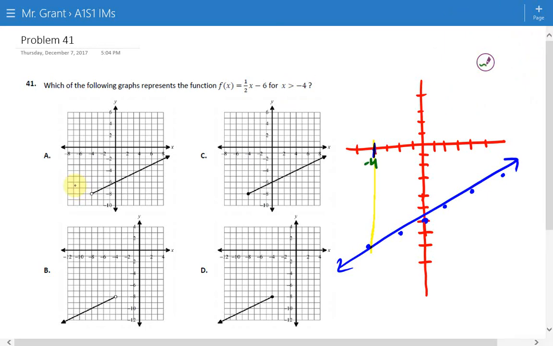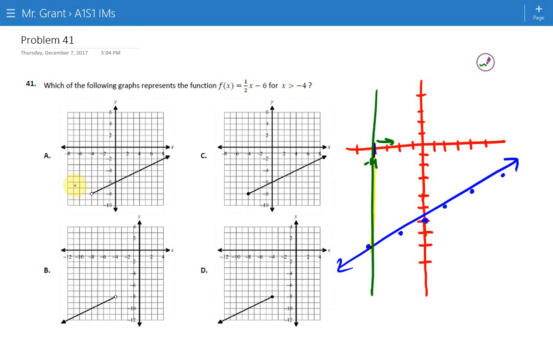So if here's -4, is to the right or to the left on the x-axis greater? Well, to the right is. So this tells us that we only want the blue line to the right of -4. So instead of having this entire blue line, we're actually just going to have this side of it. Okay, so it's going to look something like this.